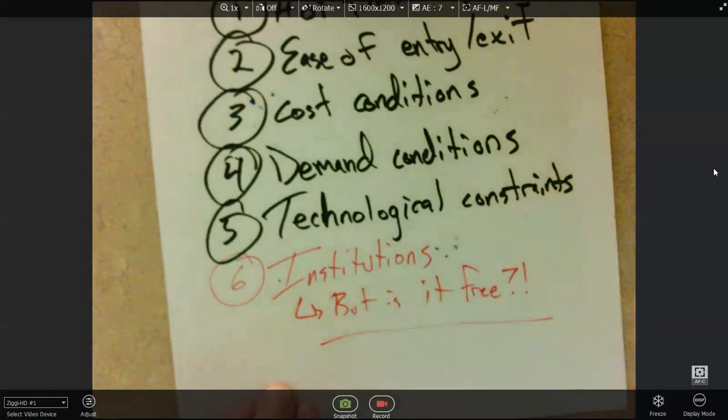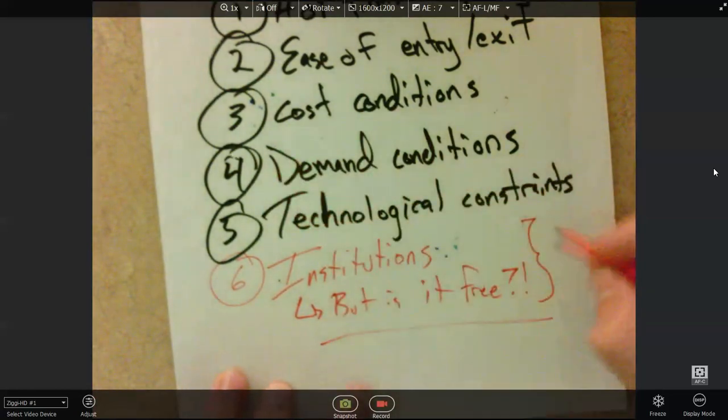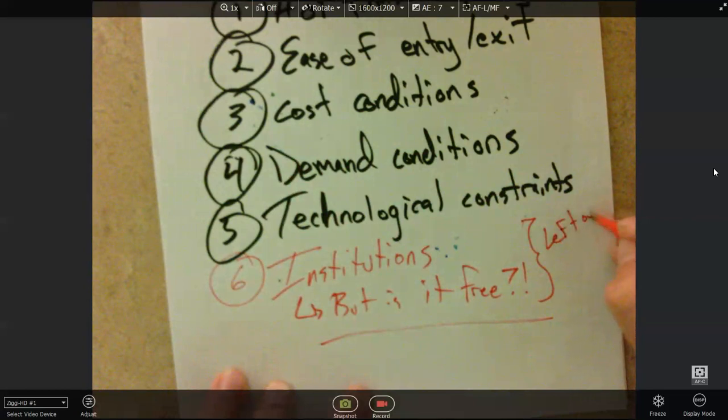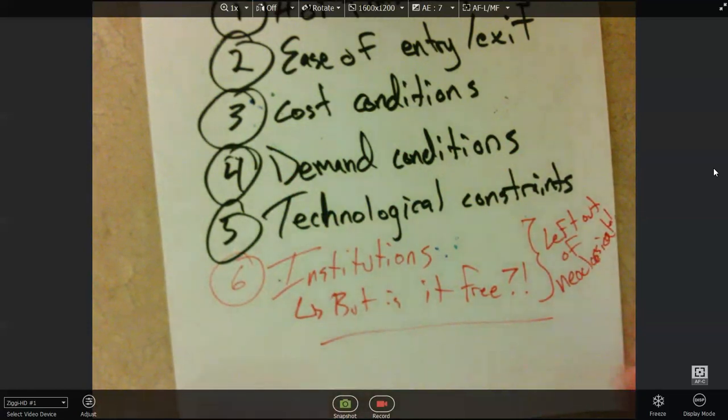And this is completely left out of neoclassical economics. And there's actually a type of economics called institutional economics.